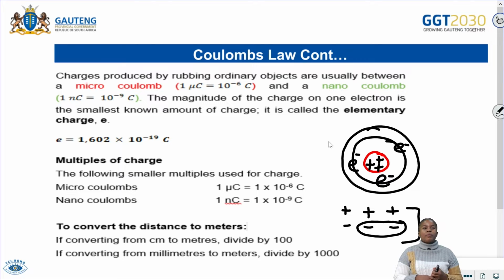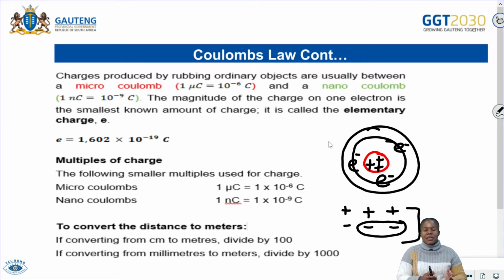So that is very important to take note of, the magnitude of the charge of the electron itself, the one that is able to move in between the materials due to the rubbing of one material against another.